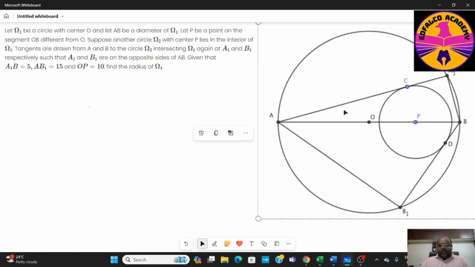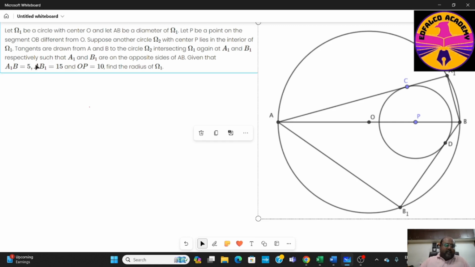So this tangent from A touches the inner circle at point C and intersects the outer circle at A1. Same way, from B there is a tangent to this inner circle, which touches the inner circle and then goes on to intersect the outer circle at B1. So you can see A1A is a tangent and B1B is also a tangent to the inner circle.